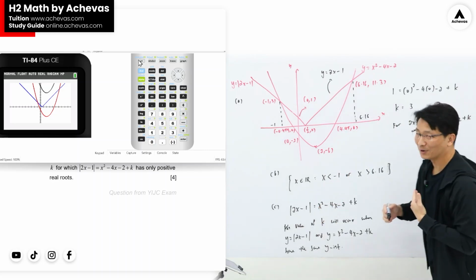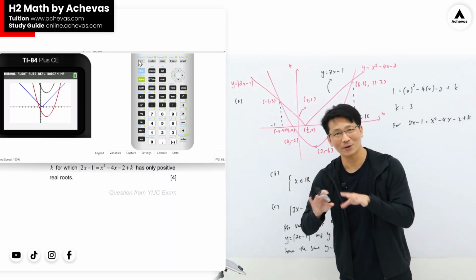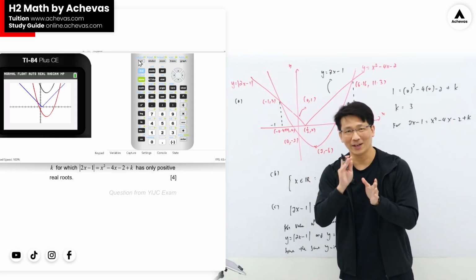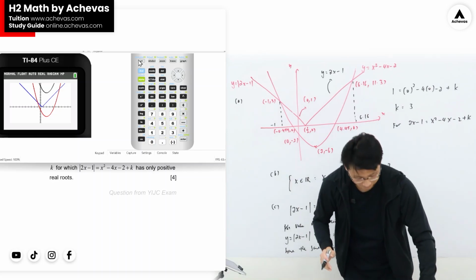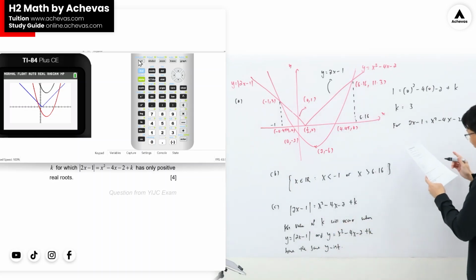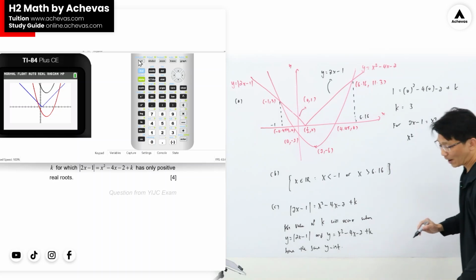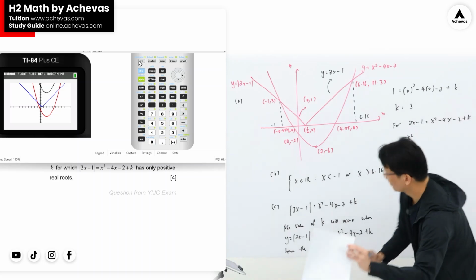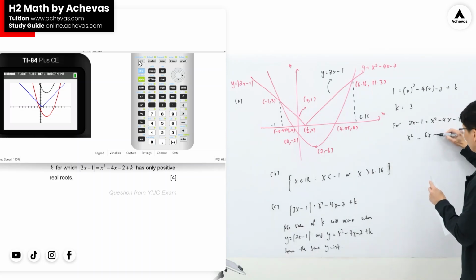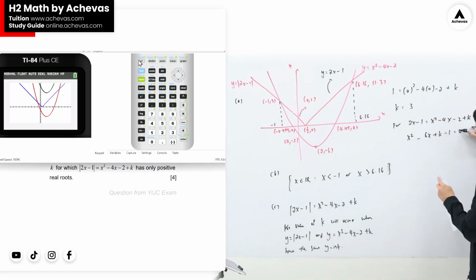And this is our simple quadratic equation. So I'm going to modify this equation into the ax squared plus bx plus c form first, which I'll be getting is x squared minus 6x plus k minus 1 equal to 0.